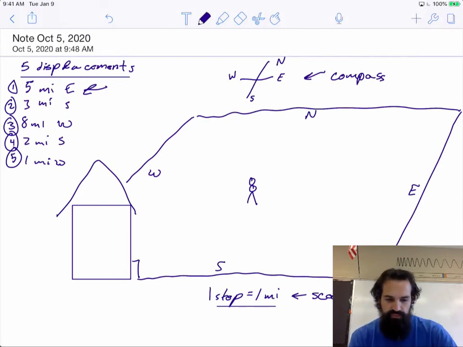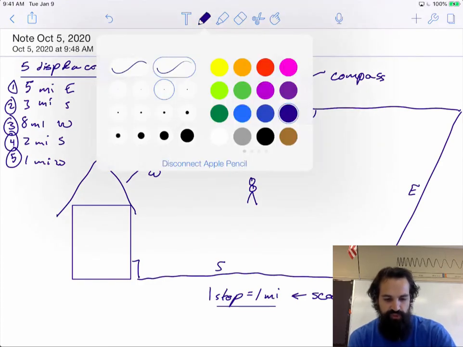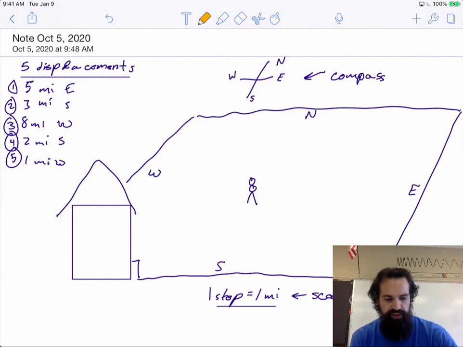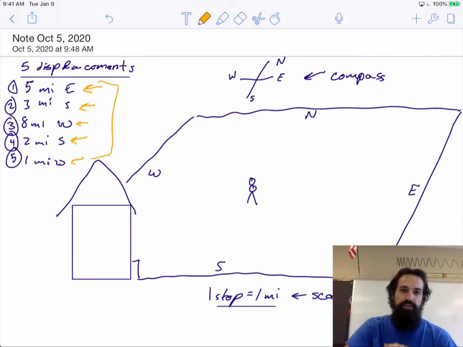So now let's actually go through these. Let's do our 5 displacements. When you go outside and do it, you'll do them in a random order. 1, 2, 3, 4, 5. For my first random order, I'm actually going to do them bang, bang, bang, bang, bang. You could do 3, 2, 1, 4, 5. You could do 5, 3, 1, 2, 4.